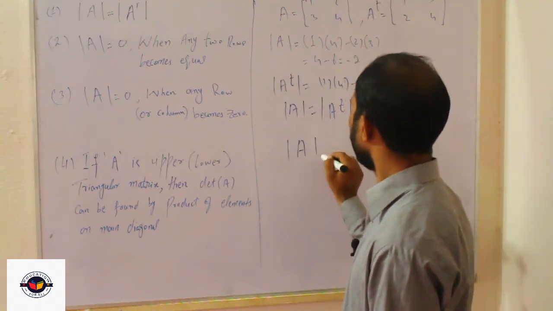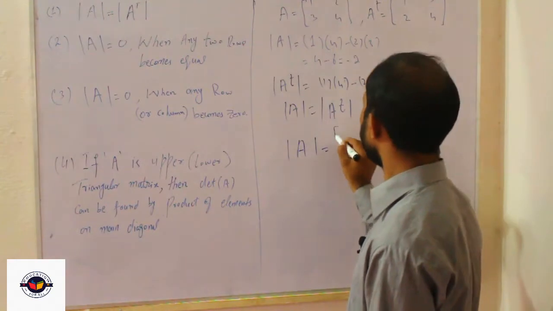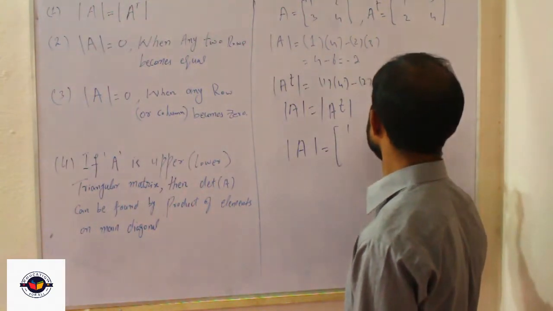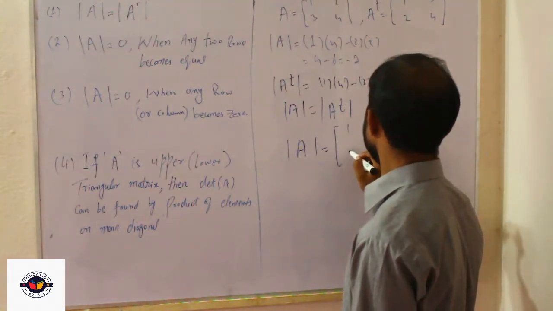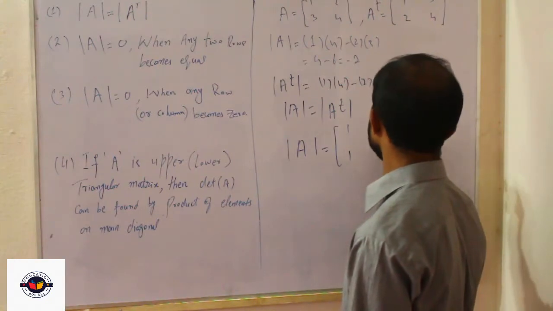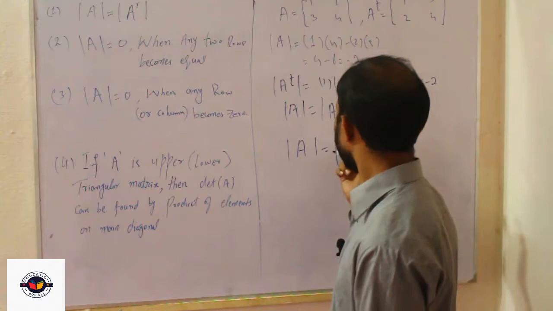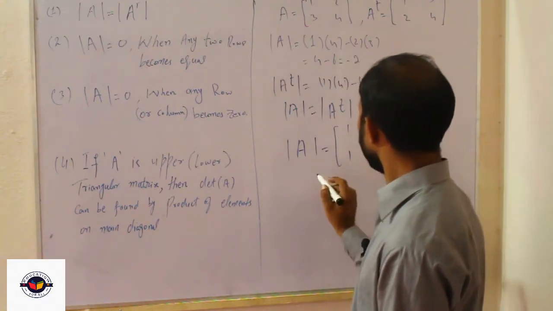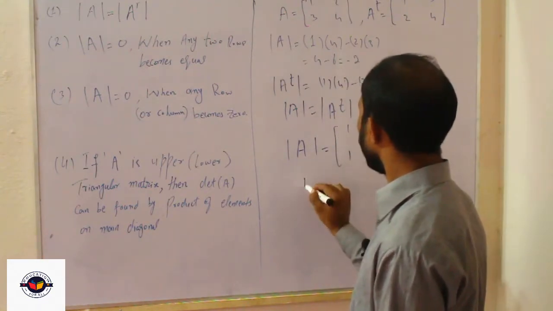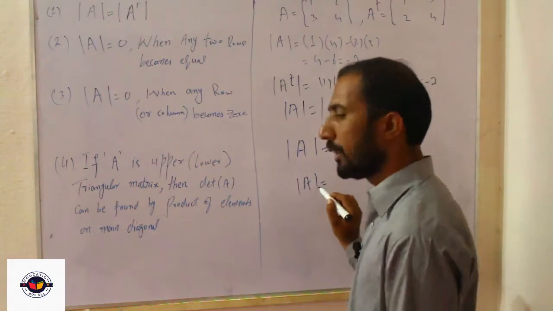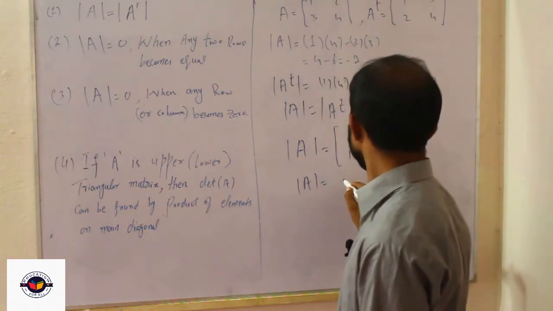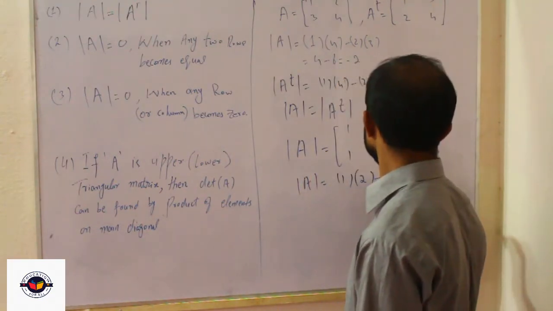Here we take the matrix A as 1, 2, and the second row is the same as the first row. So here you see that the determinant of this matrix A is 0.